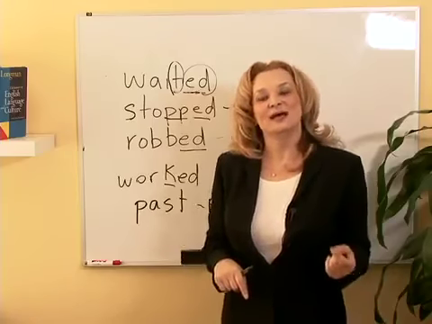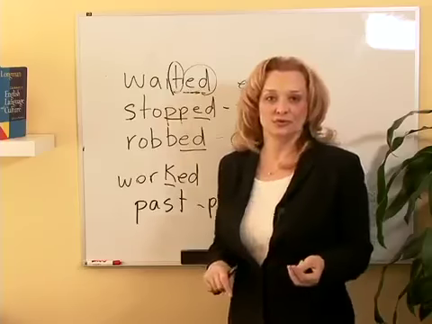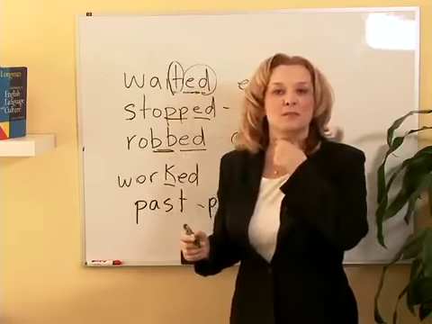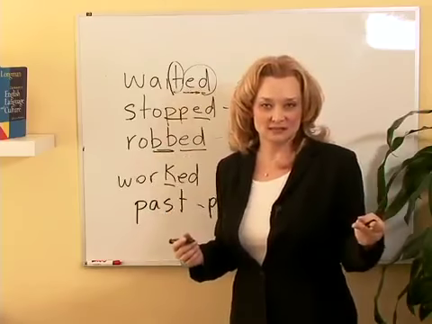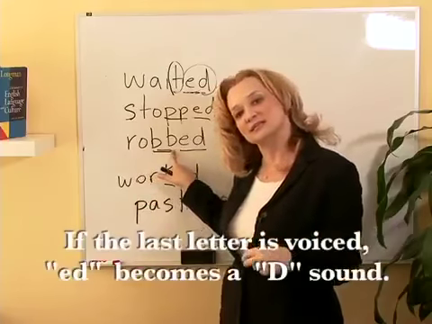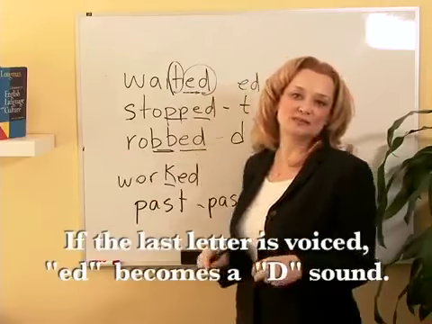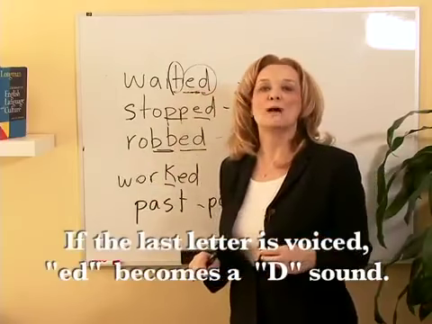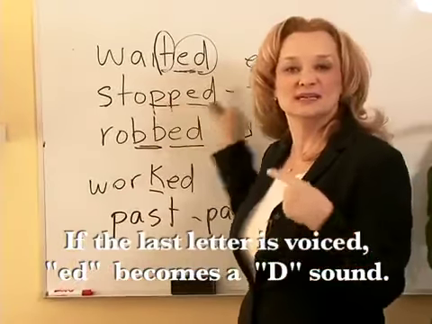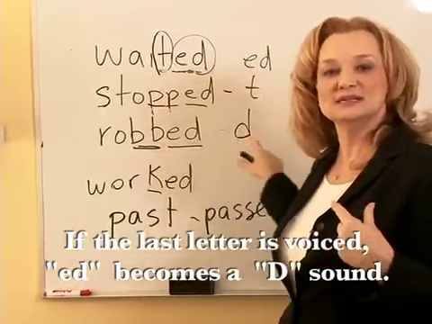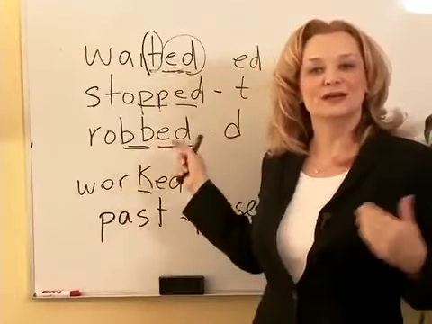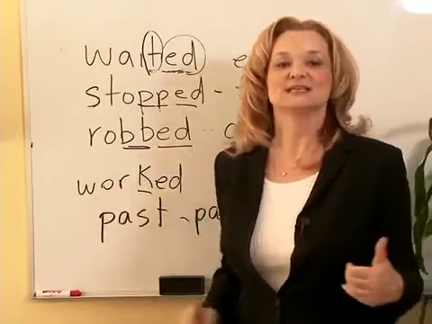Okay, now let's learn the third rule. Look at the B. The B is b, b. It's a voiced consonant. If the last letter of the verb is a voiced consonant, the ED becomes D. Robbed, robbed. So voiceless is T, voiced is D. Let's try a few more verbs that end with a voiced consonant.